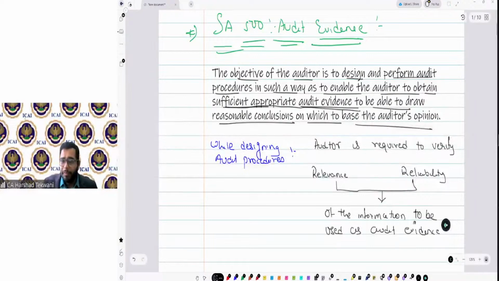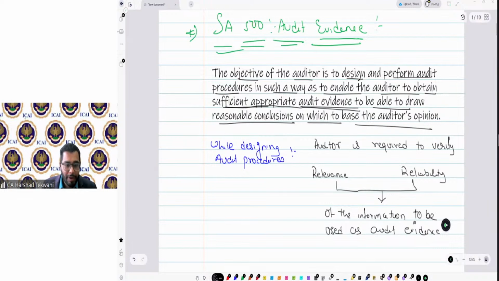If there is any information that we are going to use as audit evidence, then for that information we need to check relevance and reliability. The Excel working I'm talking about here is basically information that I'm going to use as audit evidence. I need to check reliability and the relevance.